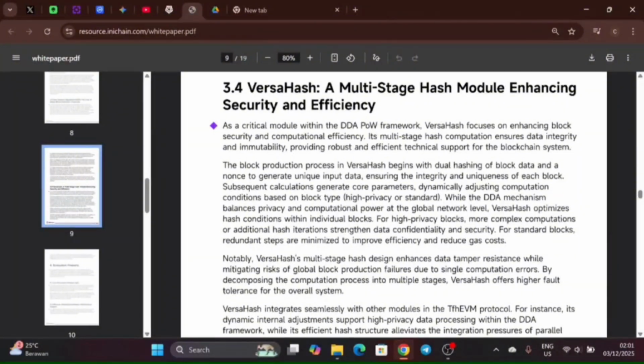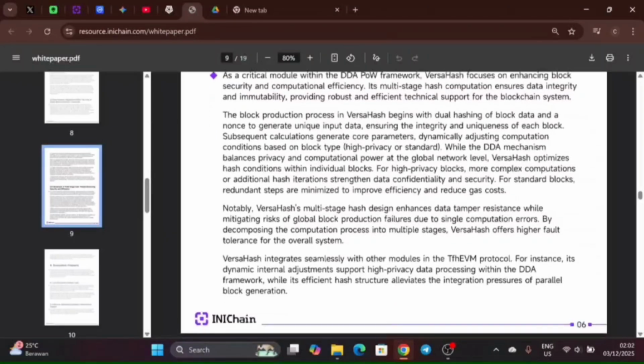This multi-stage hash computation ensures data integrity and immutability, providing robust, efficient technical support for the blockchain system. The block production process begins with a dual hash of the block data and the nonce to generate unique input data, ensuring the integrity and uniqueness of each block.